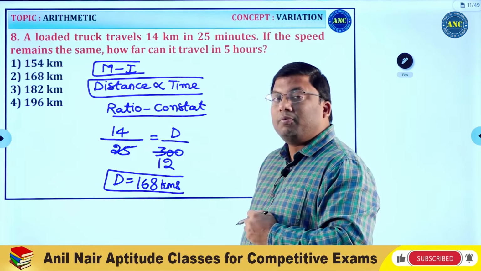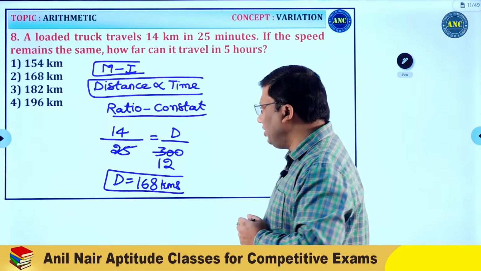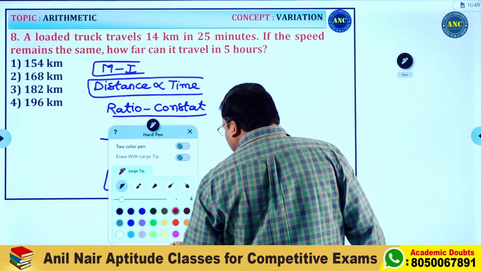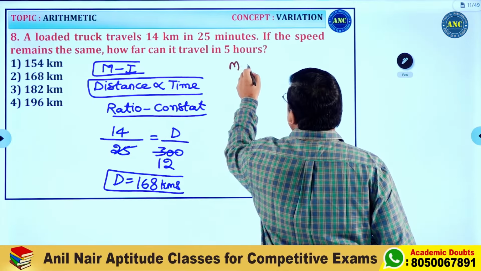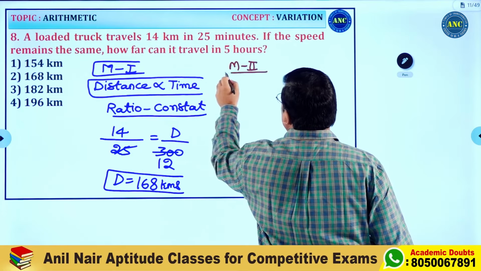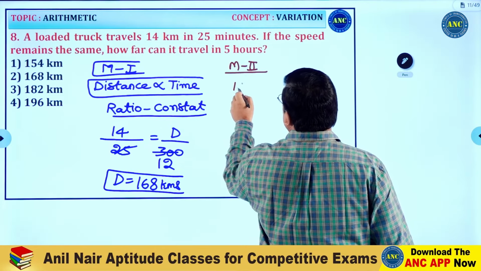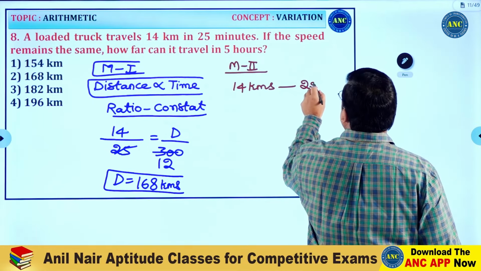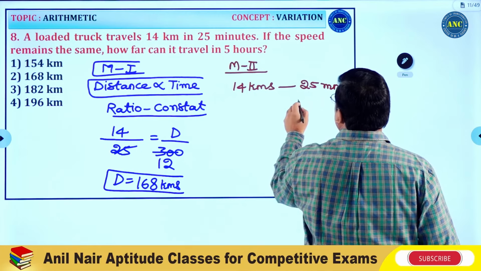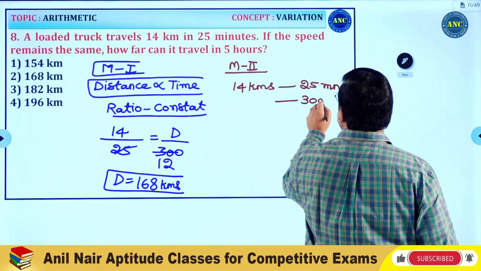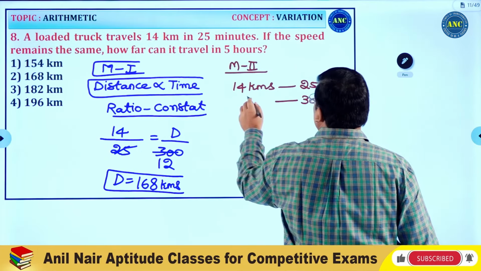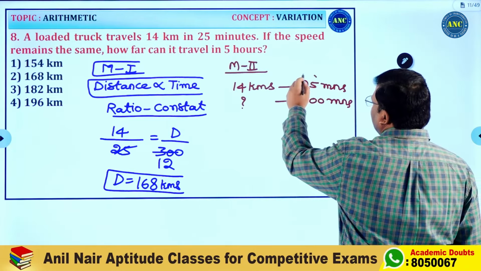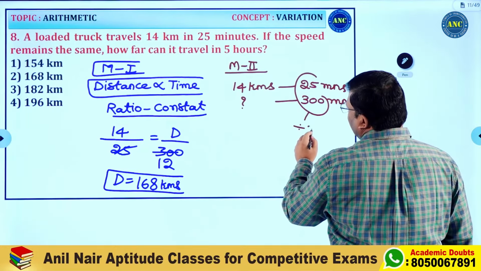Distance and time are both directly proportional to each other. Let us see whether we can use any other concept to simplify the problem without calculation. Distance 14 kilometers in 25 minutes. 5 hours, 1 hour is 60 minutes, so 300 minutes. 25, 300, these are divisible by 3.